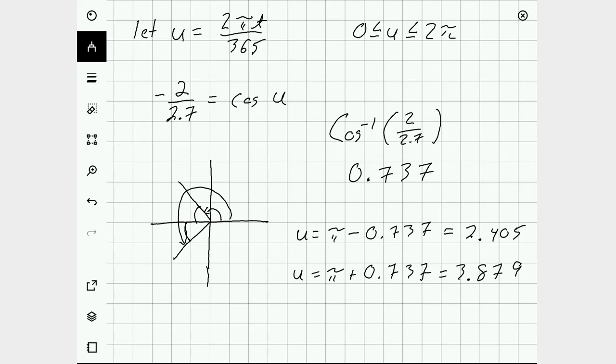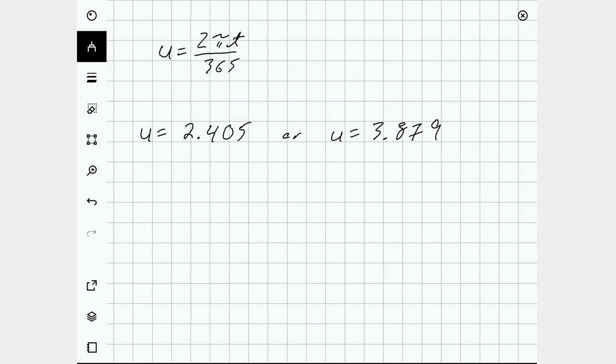So now, let's grab all this information. I know that u is 2 pi t over 365, and I've figured out that u is either 2.405 or u is 3.879.